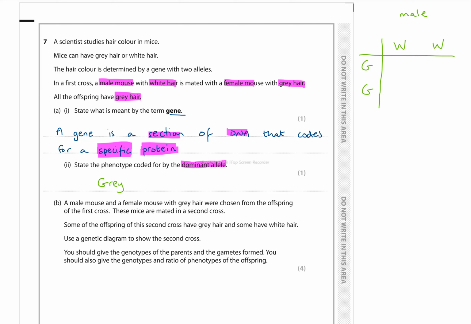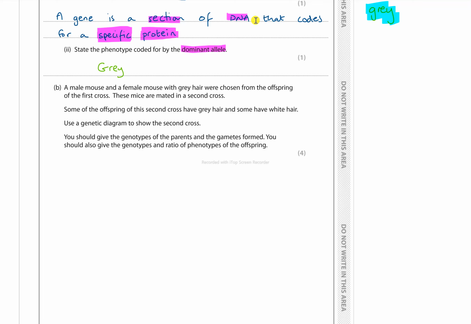So what you end up with is grey, white, grey, white, grey, white, and grey, white. And they've all come out grey, so that means that the grey must be dominant. Right, now let's move on.